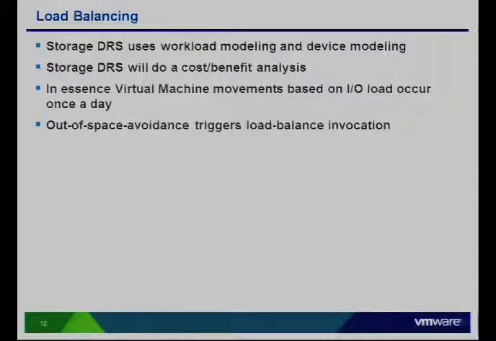It also looks at the performance of the disk. So what it does is that it will try to mix and match performance of the devices with the demand of the virtual machines. So when a virtual machine generates a lot of I/O load, it needs to be placed on a data store that has a low I/O load to have the best performance, basically.